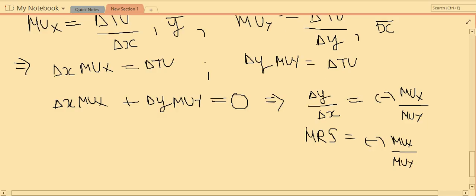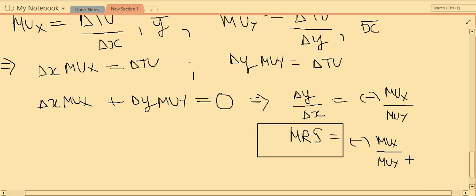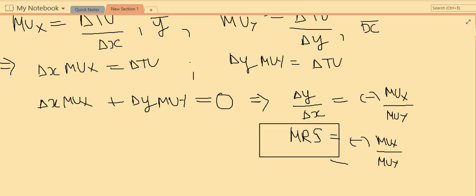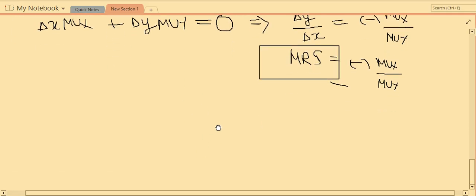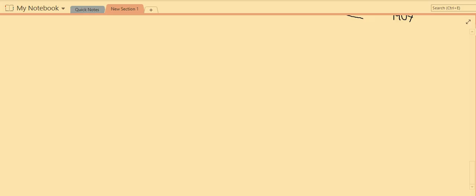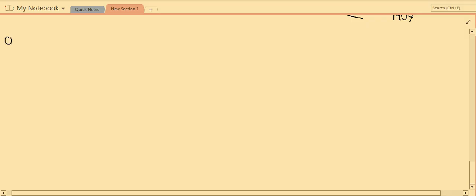Okay, so this was it. This was a particularly useful formula that would prove immensely useful once the course gets a bit serious. Okay, now let's learn something more interesting about these ICs and MRS. So up until now, we know that an IC describes utility levels.